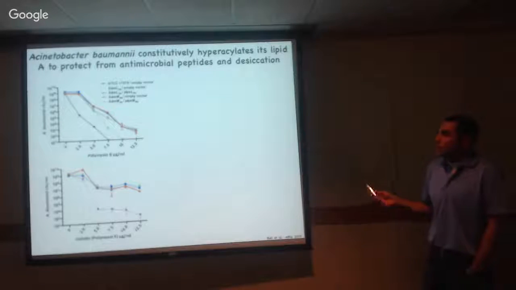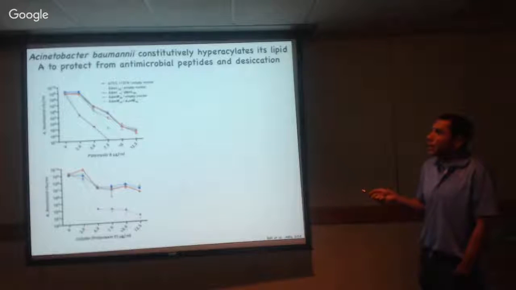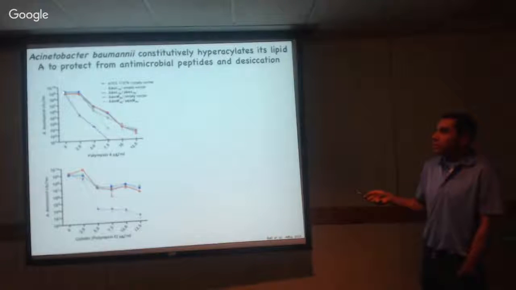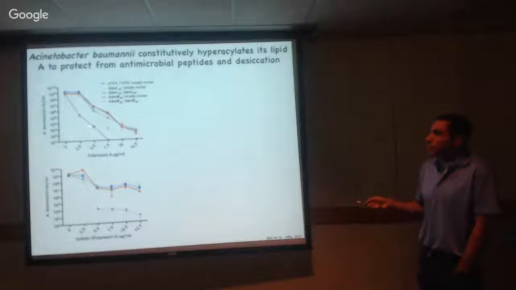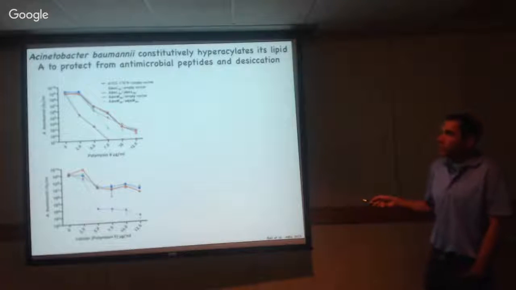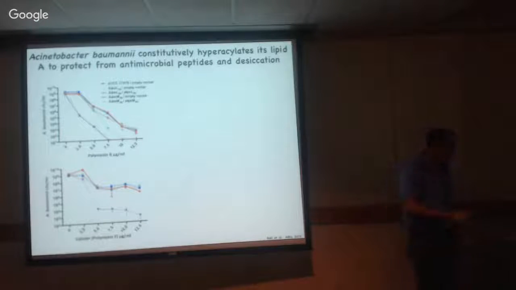And so this is just a little bit of data from that paper. When we knock out the gene that encodes the LPXL enzyme, these cells no longer produce the hyperacylated lipid A, and they're more susceptible to killing by polymyxin B and colistin. And this is just a viable count of cells with increasing concentrations of these polymyxins.